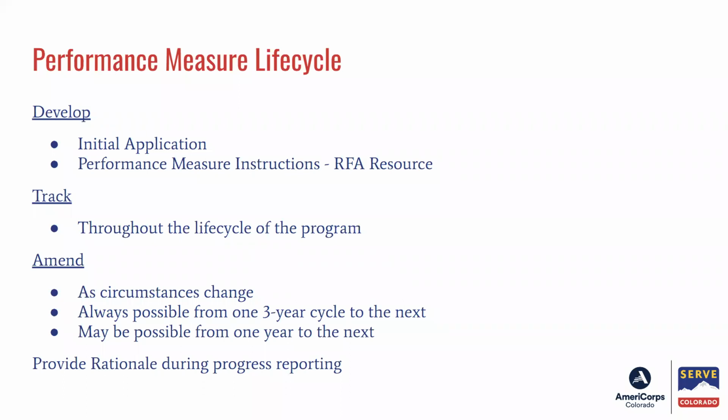If it's zero, if it is just way beyond what you thought you were going to do, or it's just a very small percentage of the target that you thought you were going to have, just provide a rationale, right? And walk us through that data and the rationale of why that number is what it is. And then if we need to pivot and course correct in the following year, we can do that.